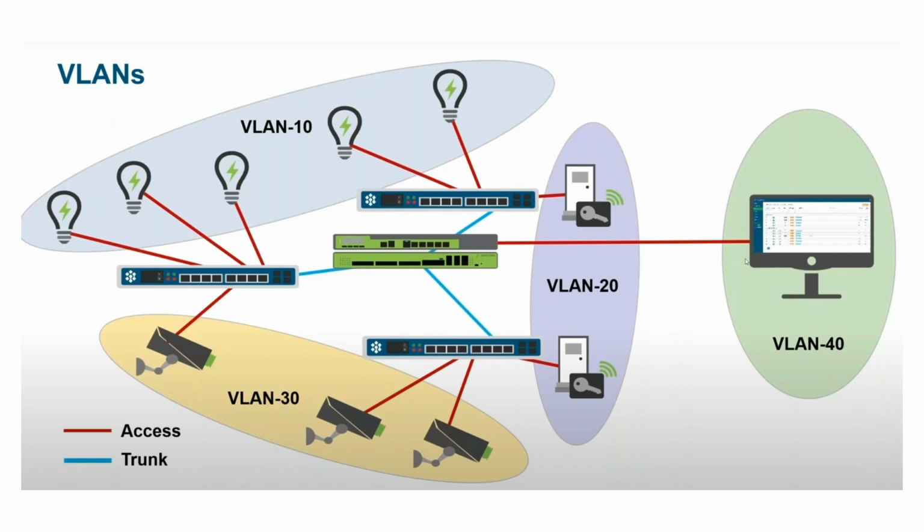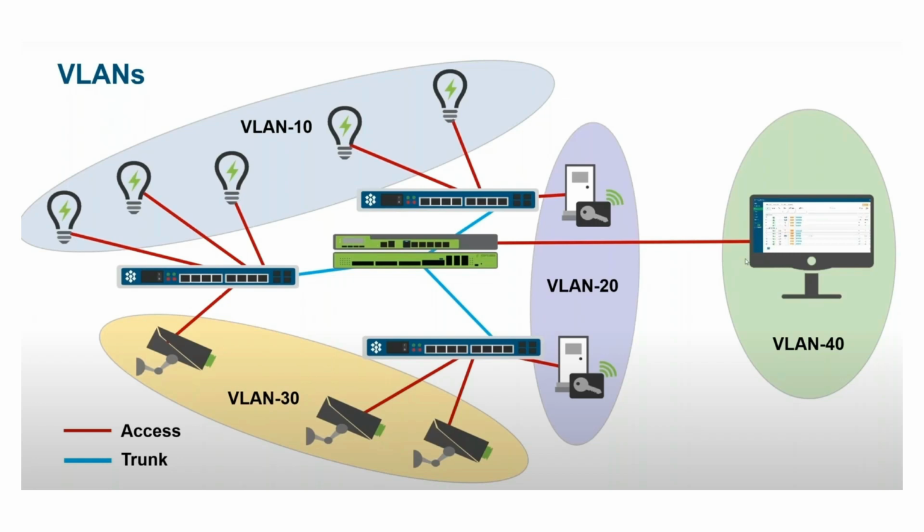So if you can see, there are red and blue lines visible here. Whenever you are going to make a connection between connecting devices, like if you want to connect two switches or a switch and a router, then we are going to use the trunk mode. Okay, and if you want to connect any of the switches with your workstation, then we use access mode.